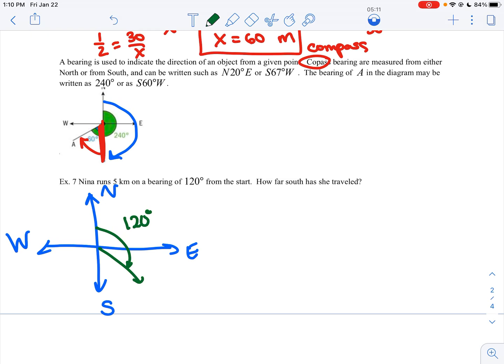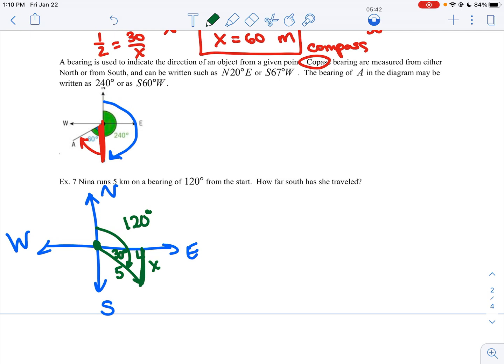How far has she traveled? So I have actually gone 30 degrees here. And then I could locate this amount here. And here's her start. And she runs 5 kilometers.